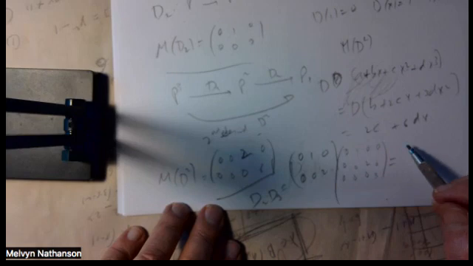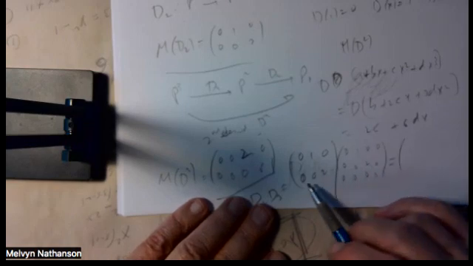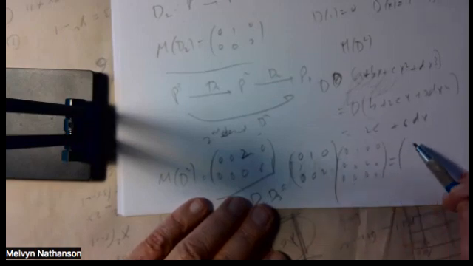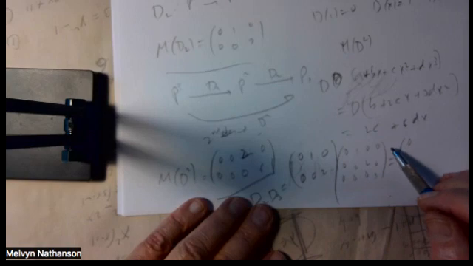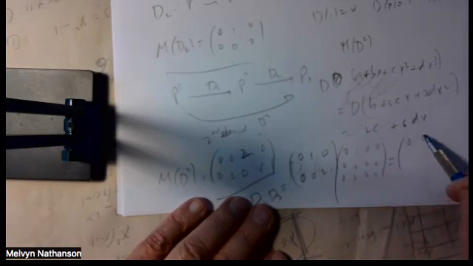When I do matrix multiplication, I get 0, 0, 2, 0.